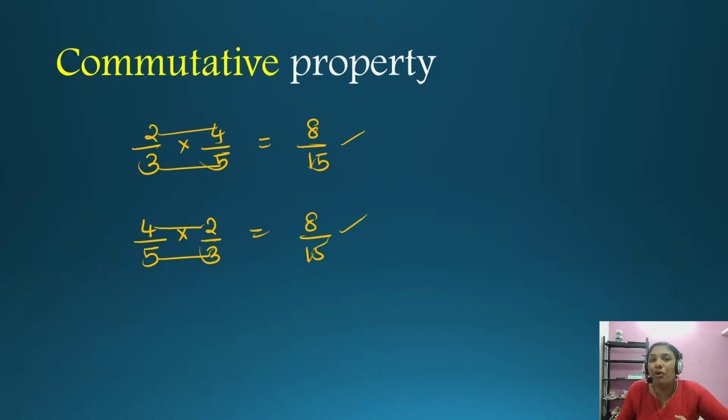So in whichever order we multiply two rational numbers, we will get the same product. That means multiplication of rational numbers satisfies the commutative property. Let's generalize it. For every rational number a and b, what can we say? a times b is the same as b times a.